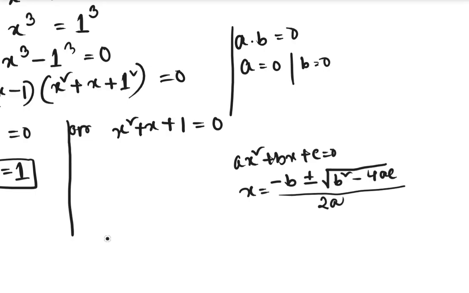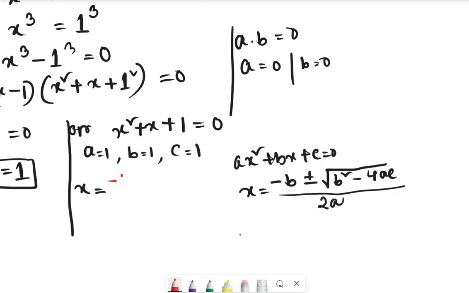And in this equation, a equals 1, b equals 1, and c also 1. So we can write x equals minus 1 plus or minus the square root of 1 squared minus 4 times 1 times 1, over 2 times 1.